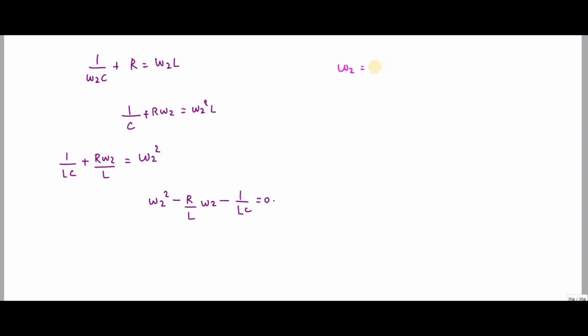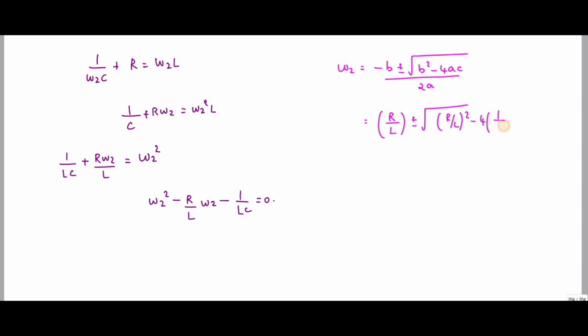So this I can write as omega 2 is equal to minus B plus or minus root of B squared minus 4AC, divided by 2A. So what is B? B is nothing but R by L. And B squared is R by L whole squared. A is 1 and C is minus 1 by LC.